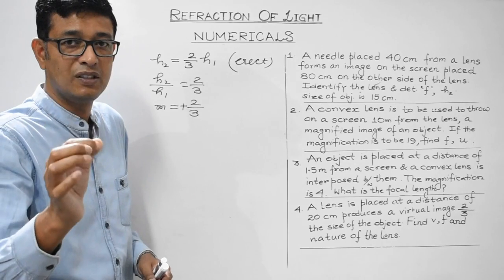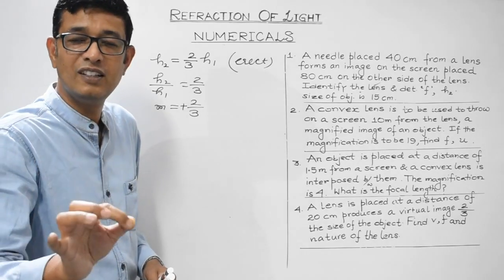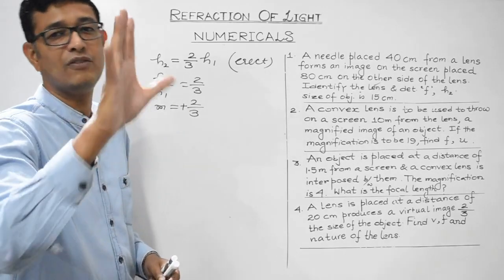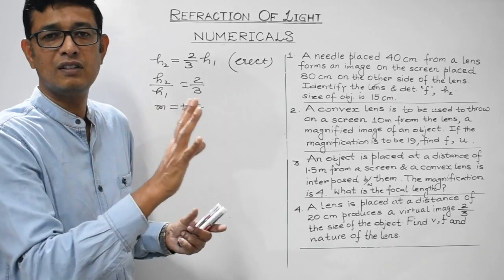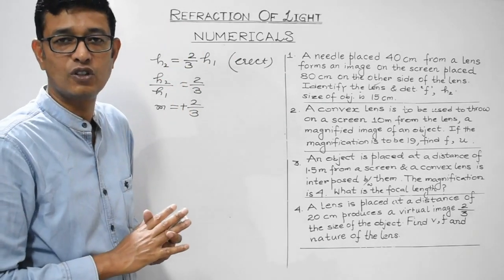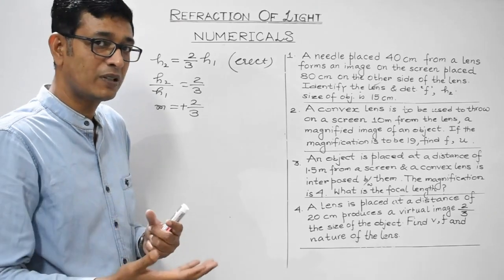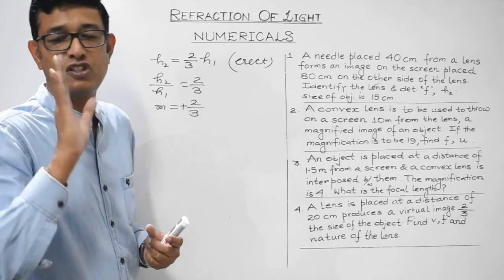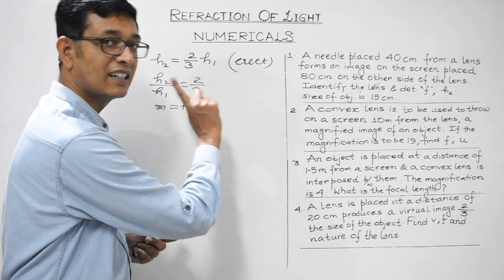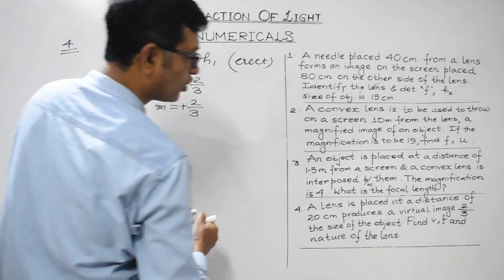It is feasible, it is possible only in case of a concave lens. In concave lens, wherever an object is placed in front of it, the image obtained is always virtual, erect and diminished in size. So it is satisfying that condition. So what about the nature of the lens?